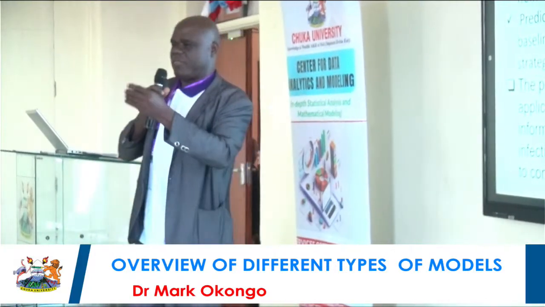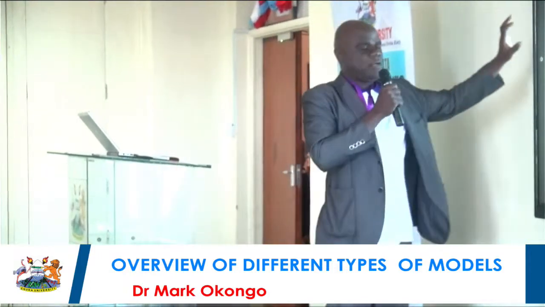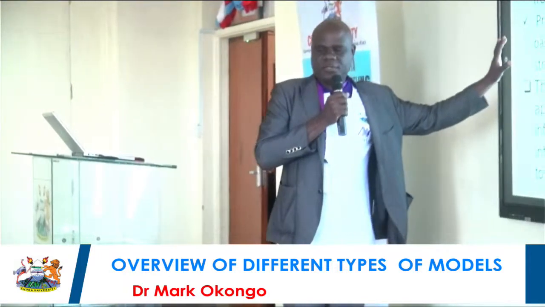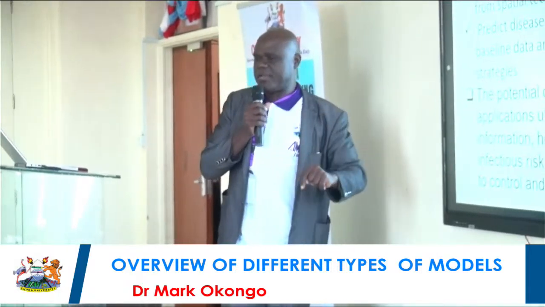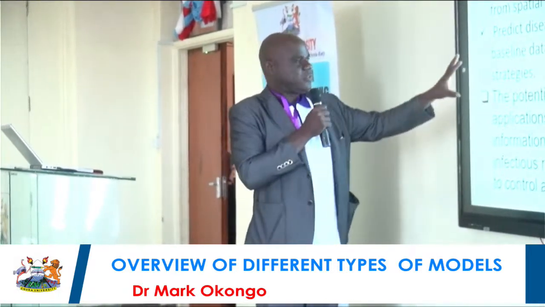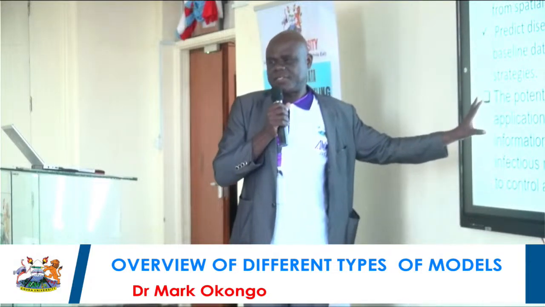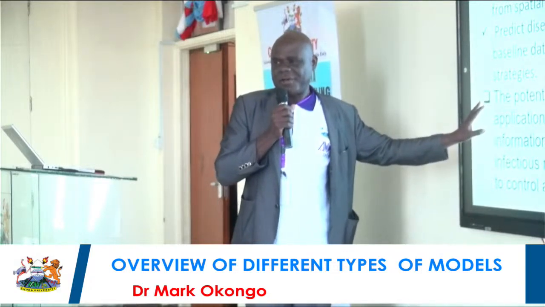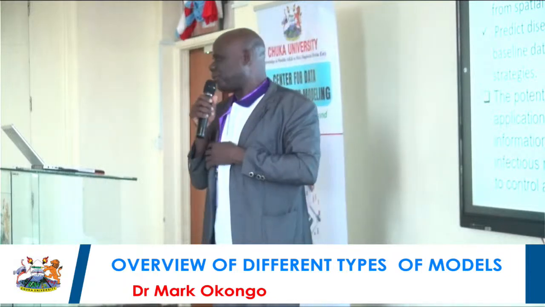Just by the malaria maps, if you click a button at a point, either in Kenya or some counties of Kenya or in the world, then you should be able to see these are the malaria cases. I want to stop at that point in the interest of time. Thank you.